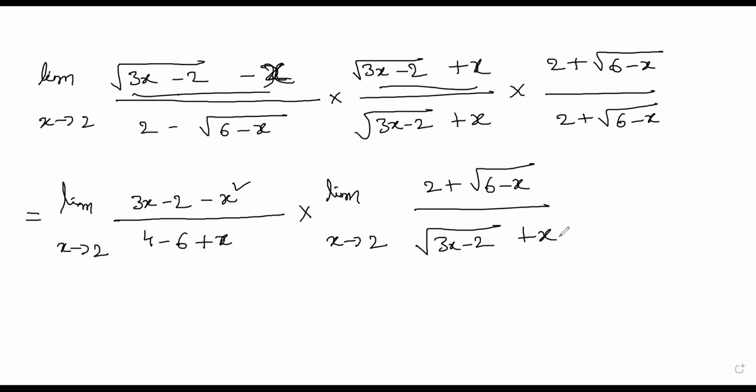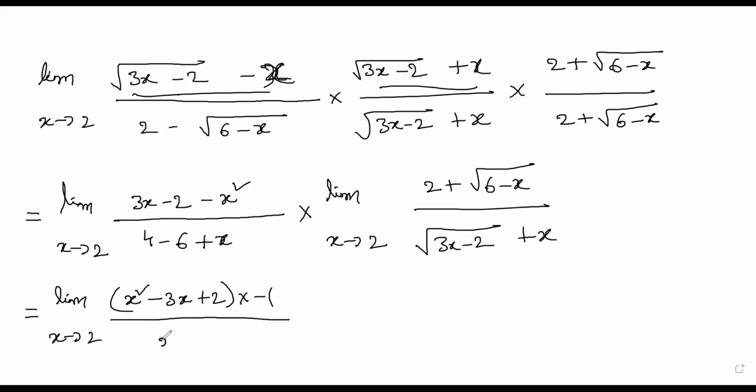Now you have to solve this part. You are left with a quadratic, x square minus 3x plus 2 with a negative sign. So multiply it with minus 1, whole divided by x minus 2.